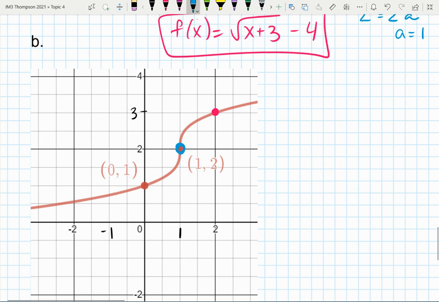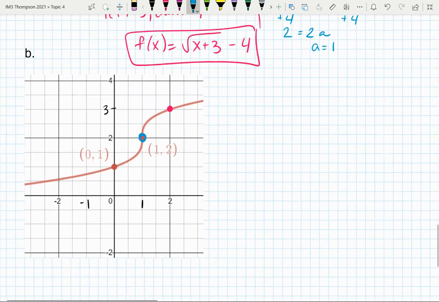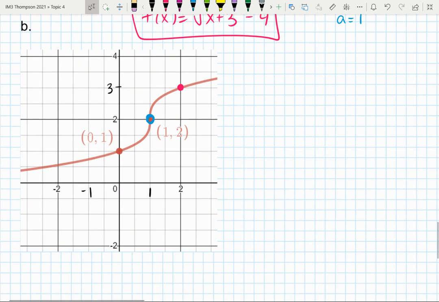I want to know where that moves because that used to be at 0, 0, and now it's at 1, 2. So this goes right 1, up 2. It's a little easier to look at the numbers than at the squares because they don't use each square as 1.